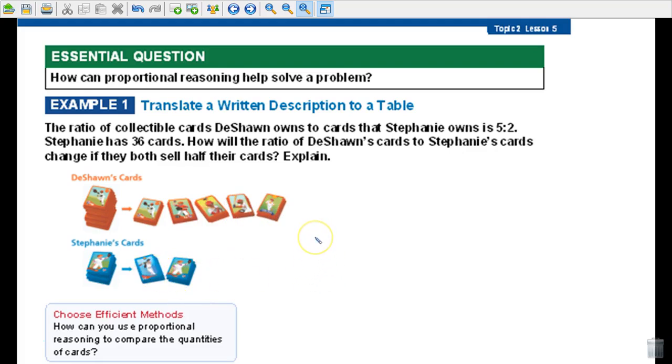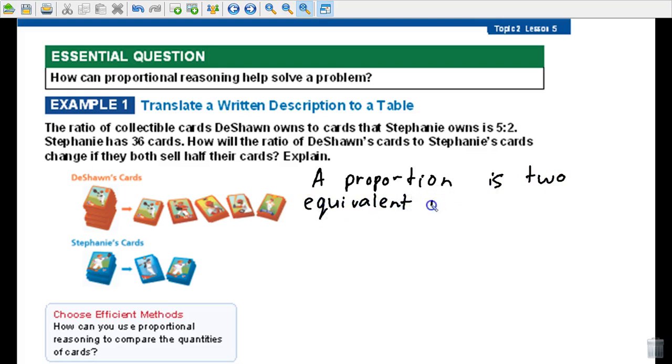Okay. So I'm going to show you two ways to see how many cards Deshaun owns. The first way is I'm going to use a proportion. And a proportion is two equivalent ratios. Okay. So we'll call it cards in hand to total cards.